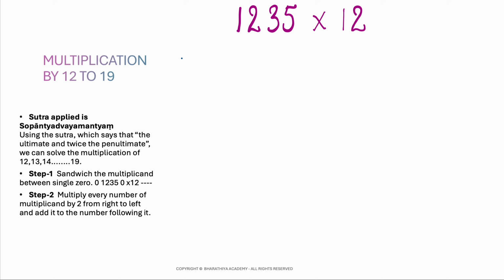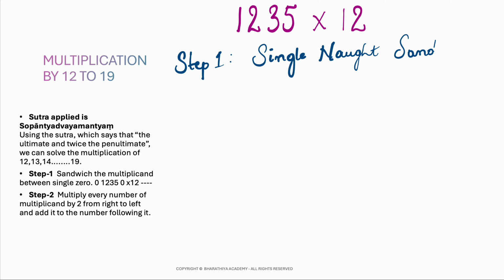Our first step is very easy, the single knot sandwich method, right? In this we just put a 0 in the front and a 0 in the end of the number.